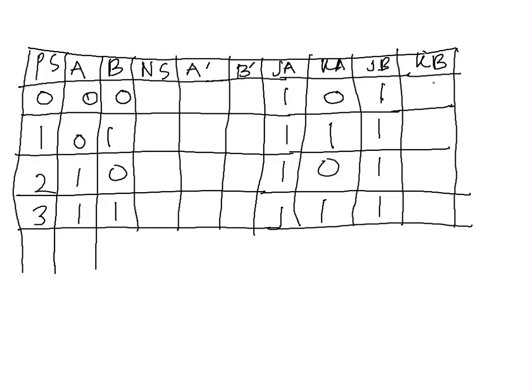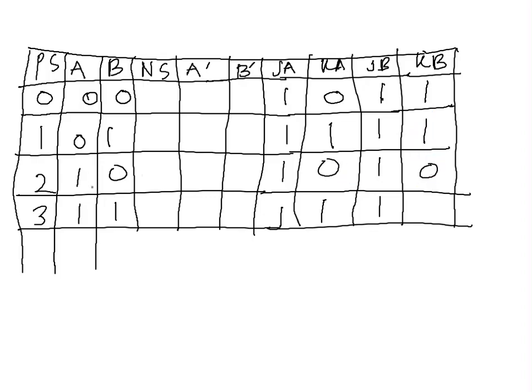Then for KB, KB equal to A bar. So we are going to find the row with value of A equal to 0, because A bar means A is 0. The first row A is 0, the second one also A is 0.